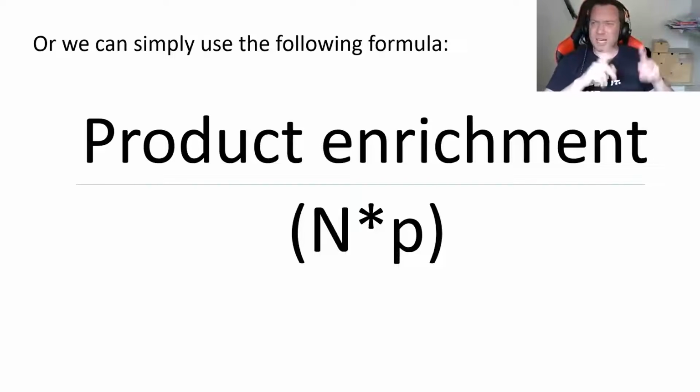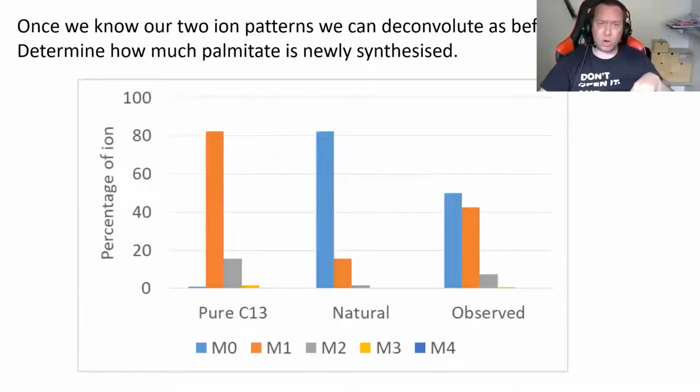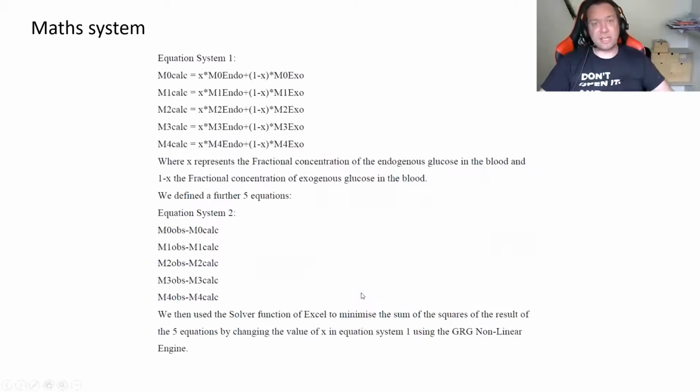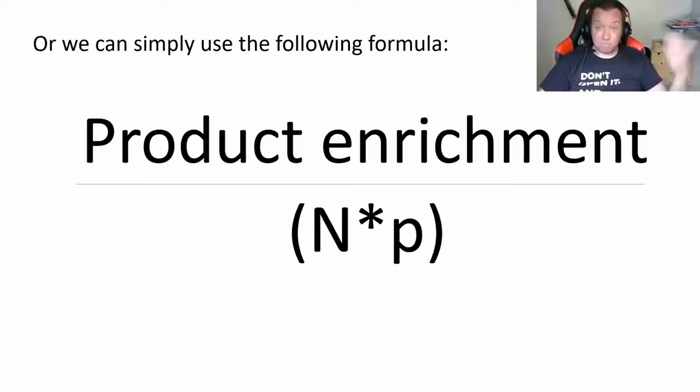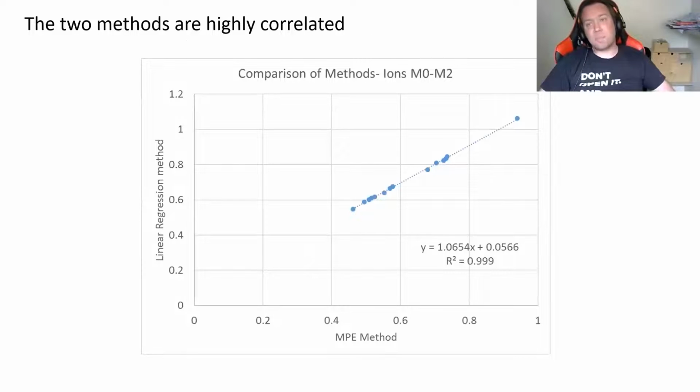All you do is you add up M1, how much more of the M1 you have, so like the orange, than you would expect, subtract that from the natural, multiply it by 1, grays, subtract the observed from the natural, multiply it by 2, yellows, subtract this from the natural, multiply it by 3, and then if you know your N, 22, and you know your P, because you've measured it in the case of our deuterium, you can just calculate it out. Both methods work very, very reliably. We've updated this now. It's an extremely good correlation, and they basically give the same result.